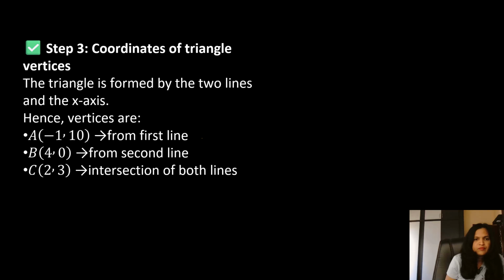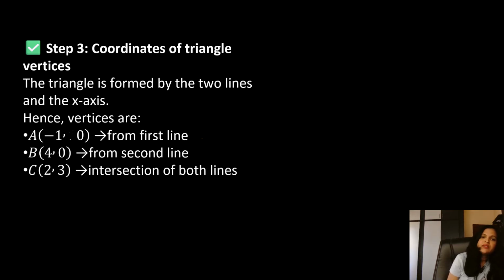It is 0 from the first line intersecting the x-axis. We put y, then only value is minus 1, not 10. Correct this. Then B is 4 comma 0. We found this in the first step only. Then in the second step we find the value by substituting y equal to x plus 1. We found the value of x and y, 2 comma 3, point of intersection of both the lines.